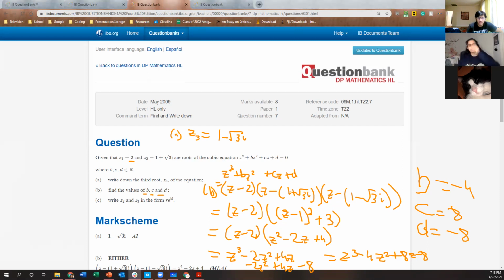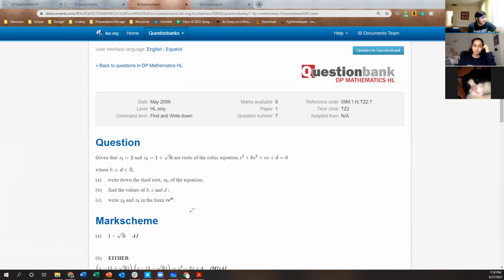So let's do this real quick. z2 is 1 plus root 3i. What's the modulus of 1 plus root 3i? Let's do this in our head. Square root of 1 squared plus 3, which is? 2.